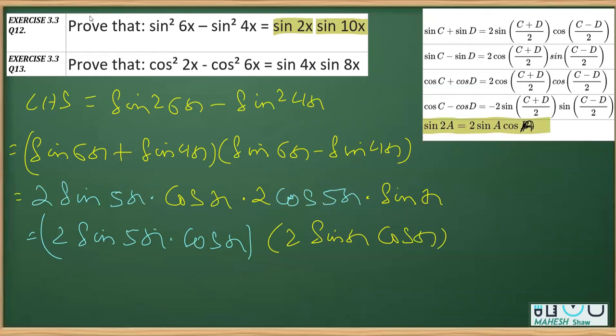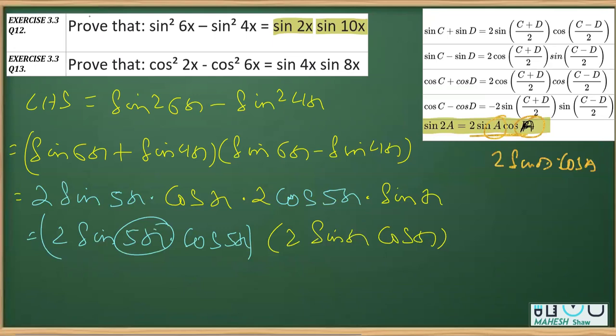So check here. This is 2 sin a cos a, sin 2a. I have copied this 5x. Now consider this 5x to be a. If I apply, this is sin 2a, 2 sin a into cos a is sin 2a.